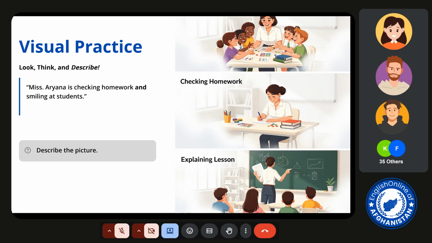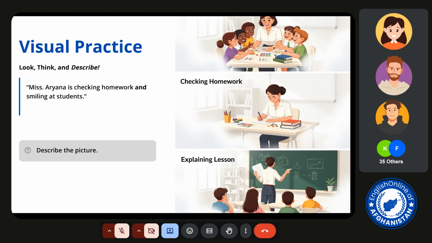Okay, teacher. In the first picture, a teacher is in the class. The students are sitting on chairs. The teacher and the students are playing a short game. The teacher and the students are very happy because they learn English. The students are happy because today is Tuesday.